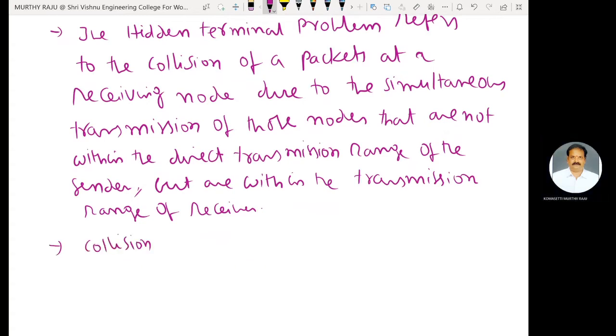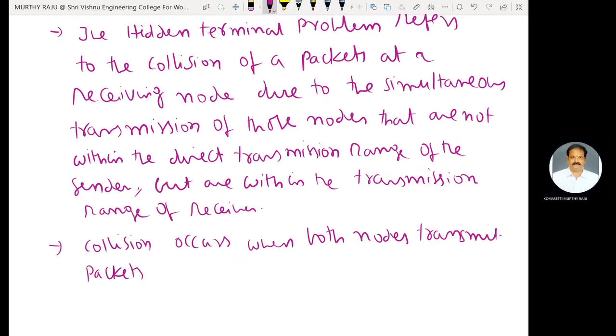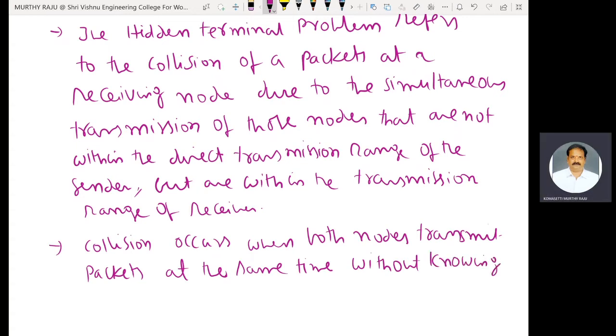Collision occurs when both nodes transmit packets at the same time without knowing about the transmission of each other.